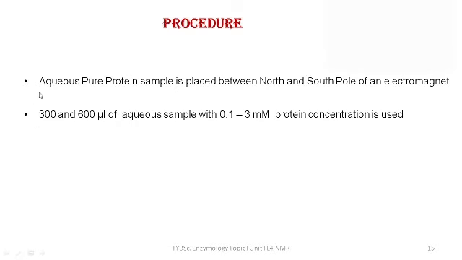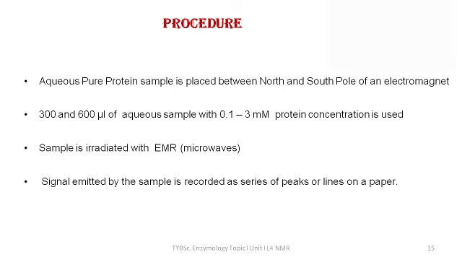We require about 300 to 600 microliters of the aqueous sample with a protein concentration of 0.1 to 3 millimolars, which is much less than the 10 milligrams per ml required for X-ray crystallography, which is too high to obtain. This sample is then irradiated with the electromagnetic radiations, that is, the microwaves.